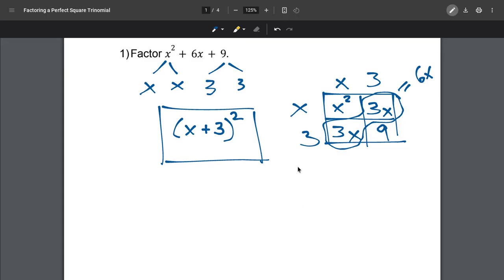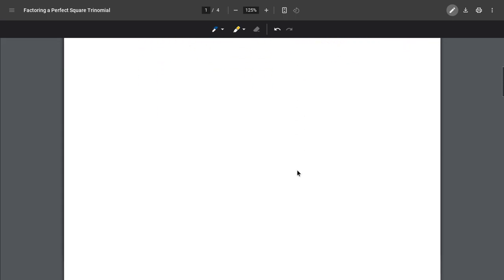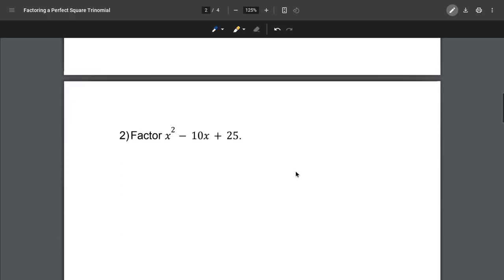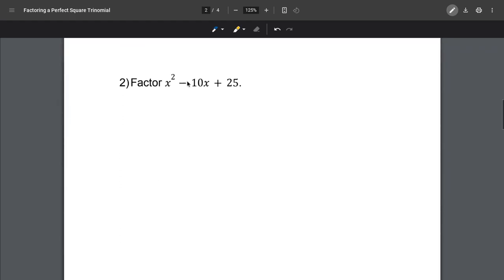Okay, let's take a look at another one. Okay, so this one's a little different. We have a minus here. So that basically tells me this is still x times x. But this here is going to be negative 5 times negative 5.